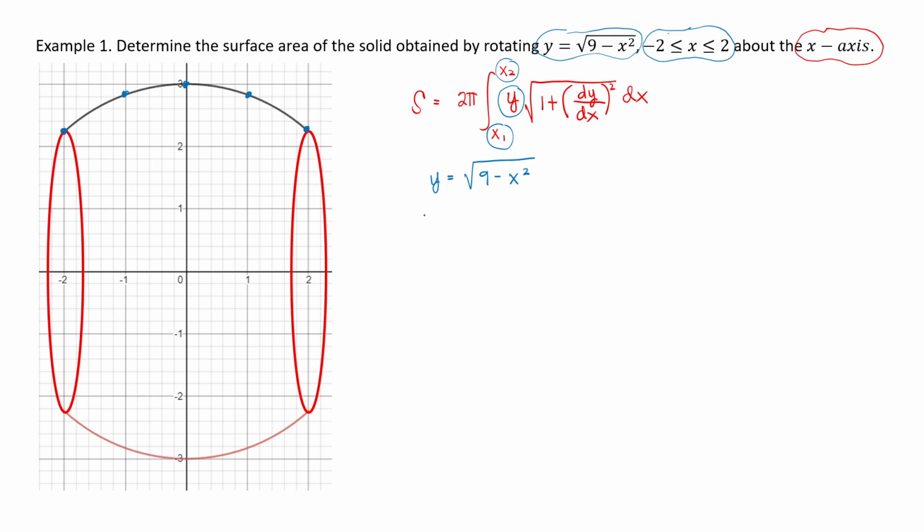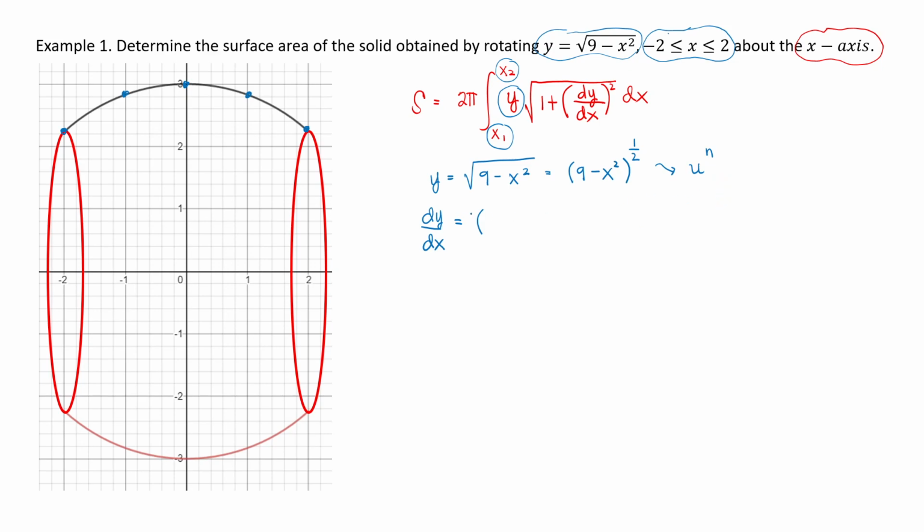So getting the derivative, dy over dx. If you make this in exponential form, this becomes 9 minus x squared to the power of 1/2, so this is u to the power of n.